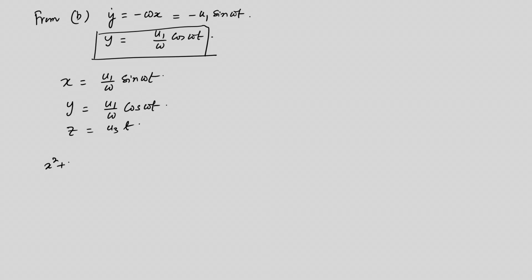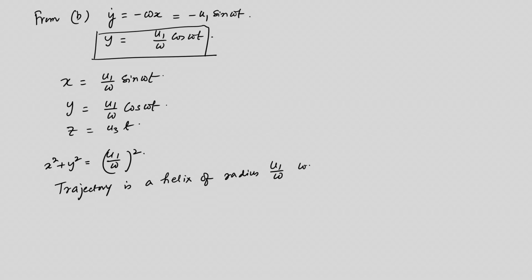So, if I take x square plus y square, it equals u1 by omega whole square. So, the trajectory is a helix of radius u1 over omega with the axis like OZ. Let us draw this then.